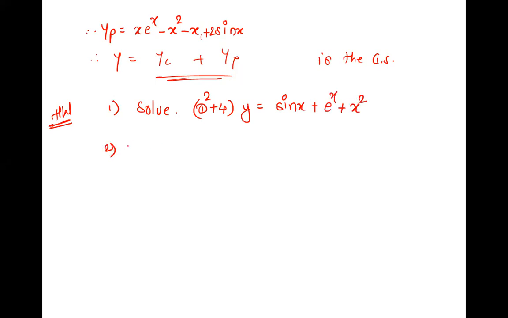Second, solve d square minus 4d plus 4y is equal to x cube plus e raised to 2x plus cos 2x.